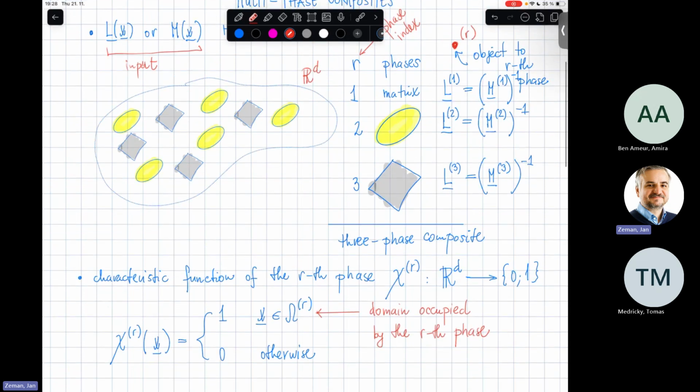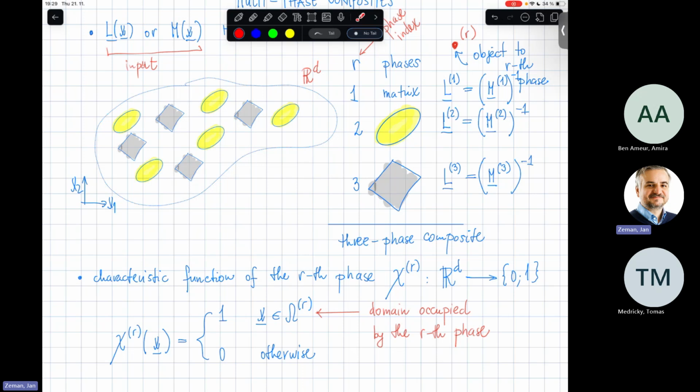So there's an easy way to interpret that. If I have this coordinate system, the only thing I need to do is to say what is my phase of interest. So let's say the matrix, and I will just take my point and I will test different x's.